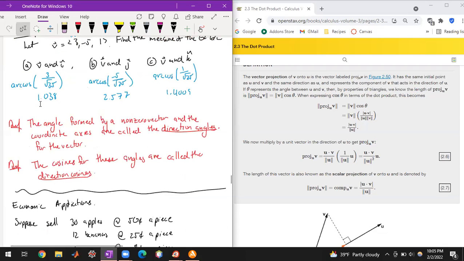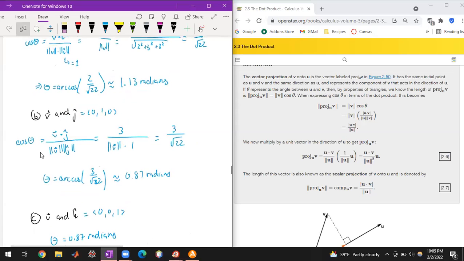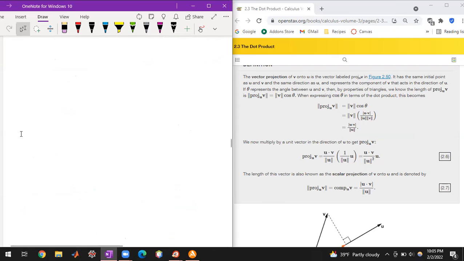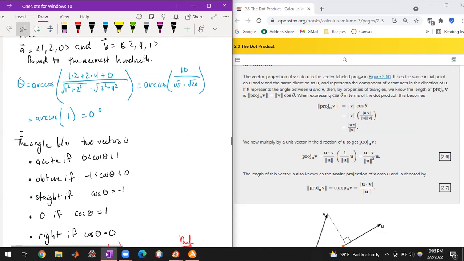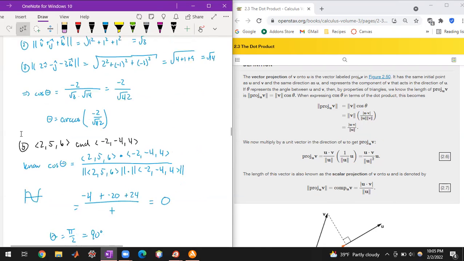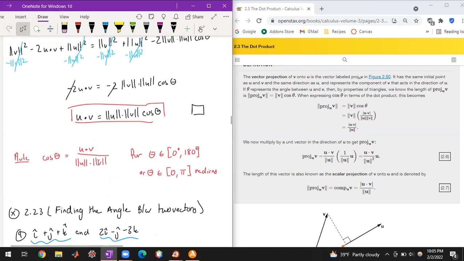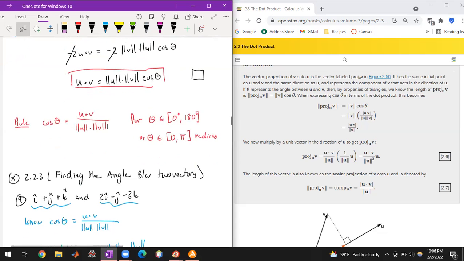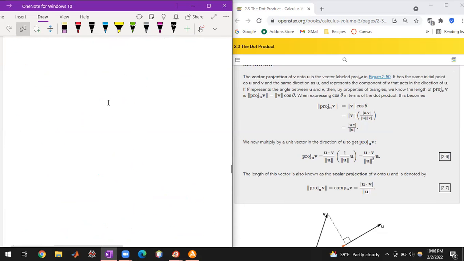So this was the rule that we're talking about. So you've got the dot product in absolute value divided by the magnitude of the vectors. Now keep in mind that we were multiplying by the magnitude of V in the first place, so that's going to cancel out for us.